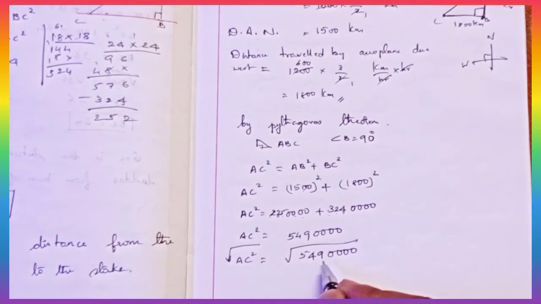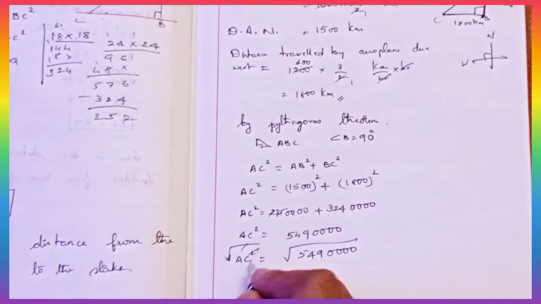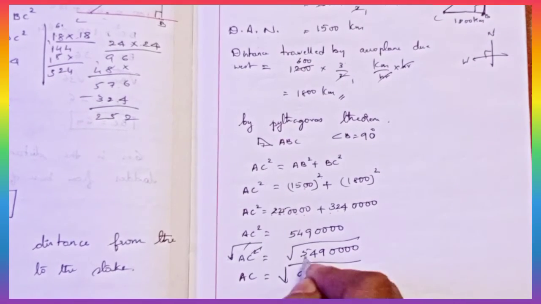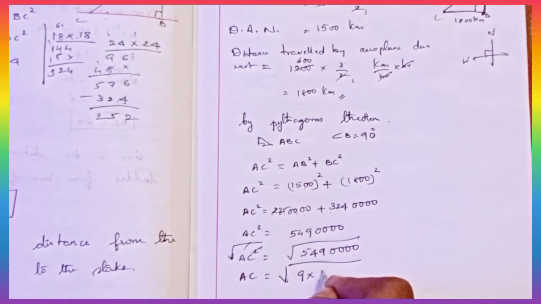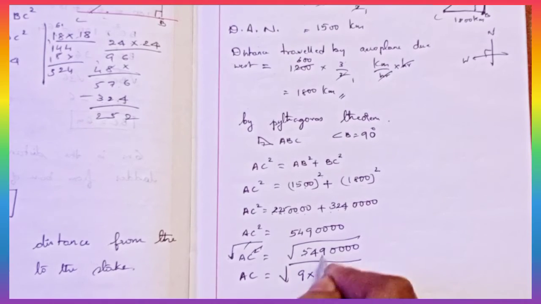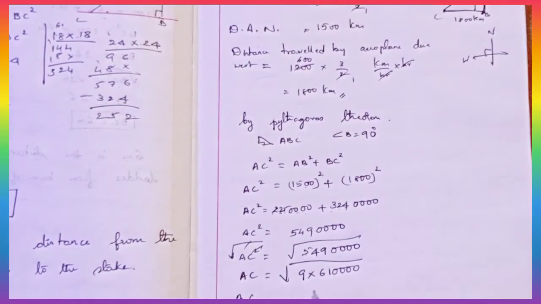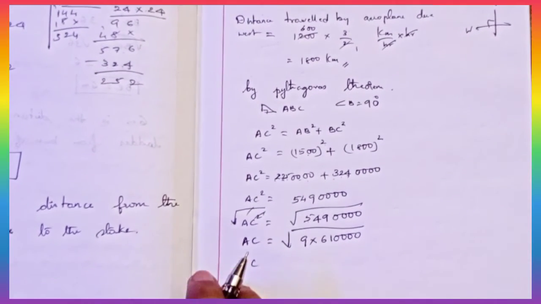Now if you carefully observe 549, it goes in the table of 9. 5 plus 4 plus 9 is 18. So it is divisible by 9. I hope that you have understood this particular step.